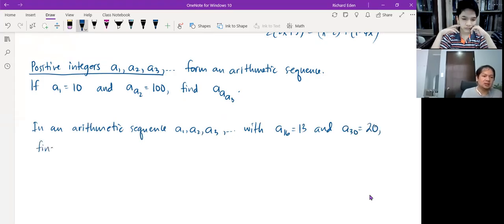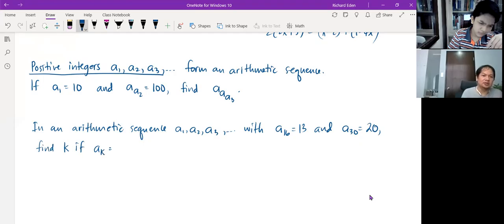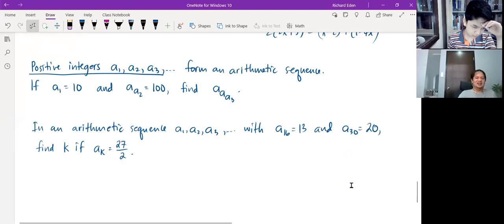Find K if A sub K equals 27 over 2. But I think maybe the first one is a little bit more interesting. Okay.